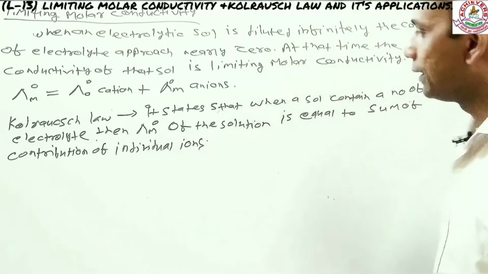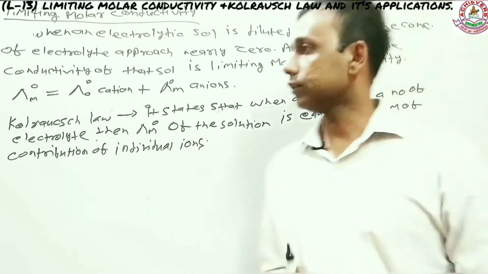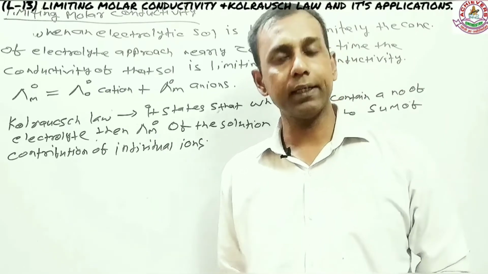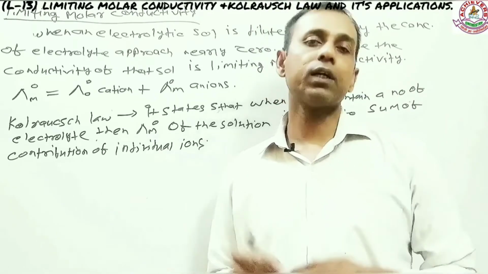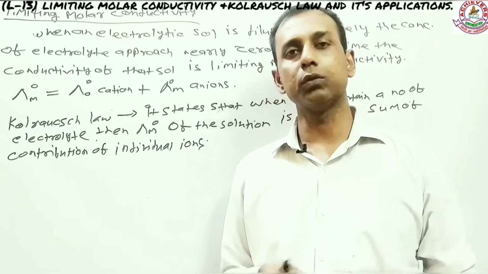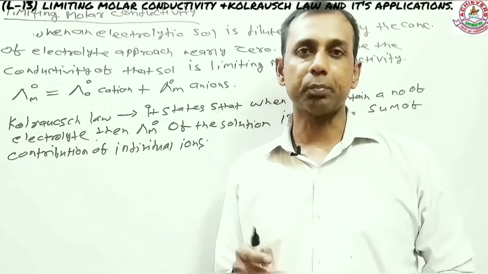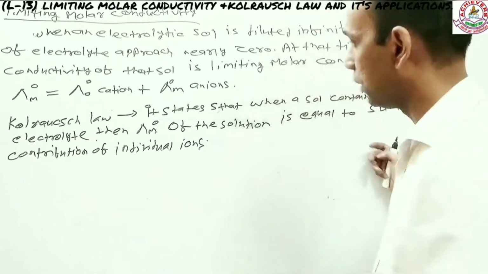So what does that mean? Kohlrausch law says that if a solution contains one electrolyte or more than one electrolyte, then the limiting molar conductivity of that solution is equal to the limiting molar conductivity of all the ions present inside. I've said it in my own words in a different way.